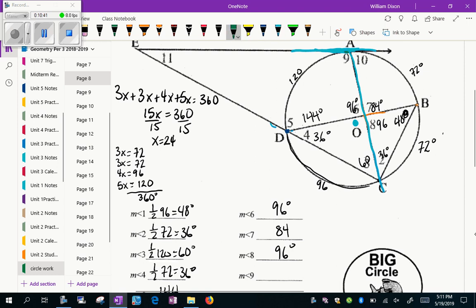I'm trying to get a different color. Or its intercepted arcs. All right, so that's 120 plus 96, or 216. It's half of that. So what we're going to do for 9 is going to be 1/2 of 216, and that angle measurement is 108.